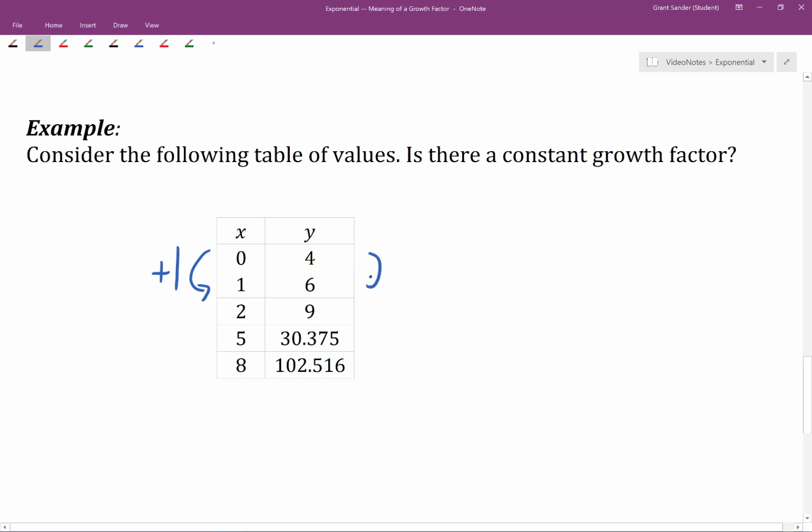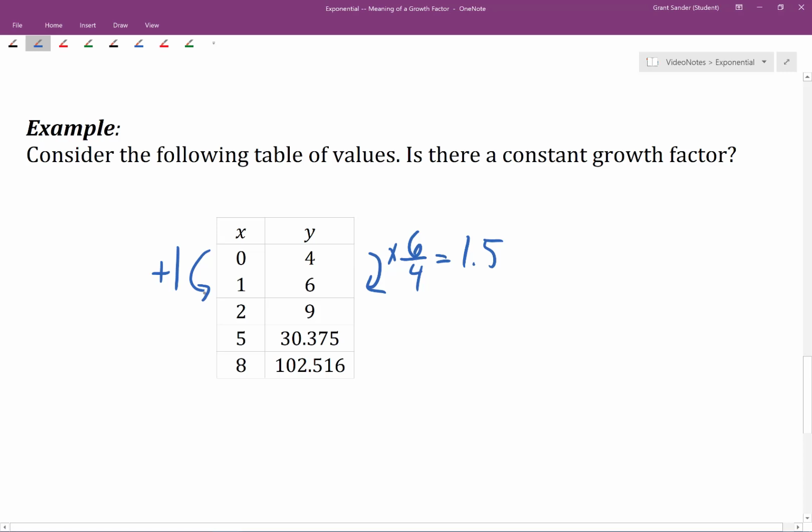And y varies from 4 to 6, and therefore y becomes 6 divided by 4, which equals 1.5 times as large. So when x increases by 1, y becomes 1.5 times as large. So I'll just put times 6/4, which equals 1.5.